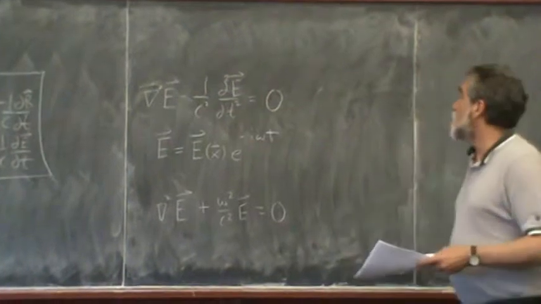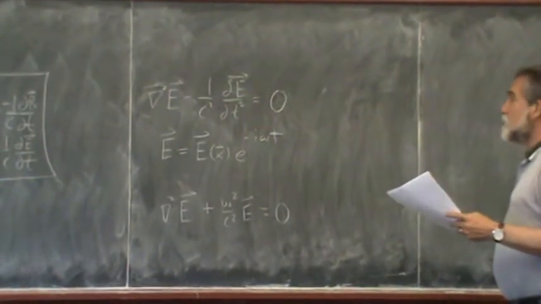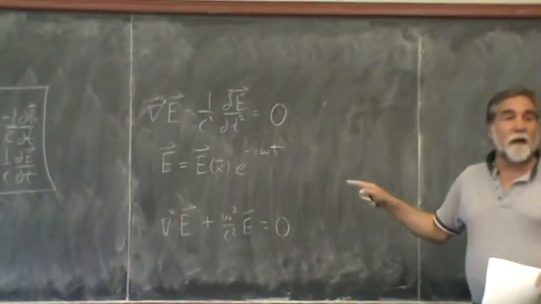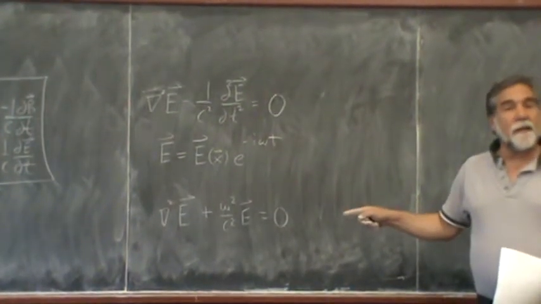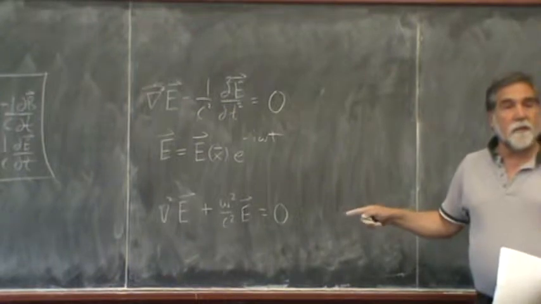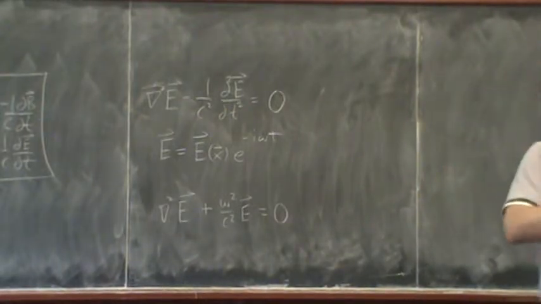Although I've assumed oscillating solutions, I have not assumed traveling electromagnetic wave solutions. When I have a simple traveling electromagnetic wave in vacuum, the electric field and magnetic field have to be in phase and perpendicular to one another.